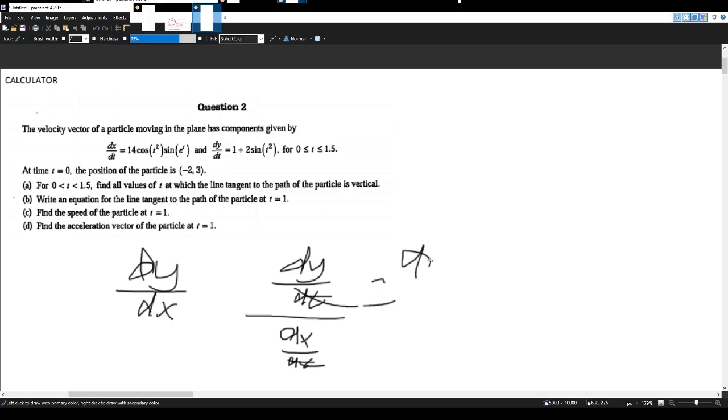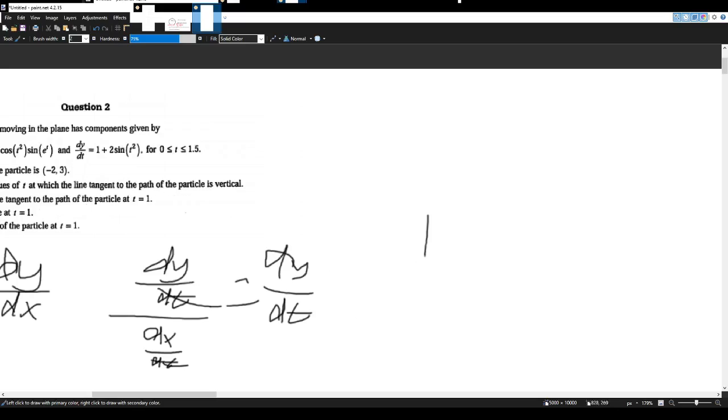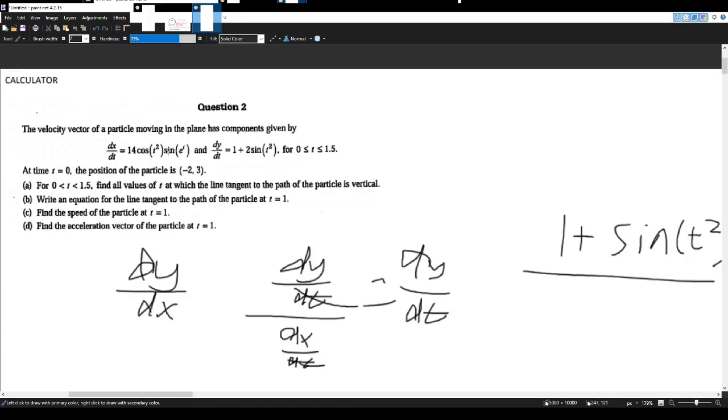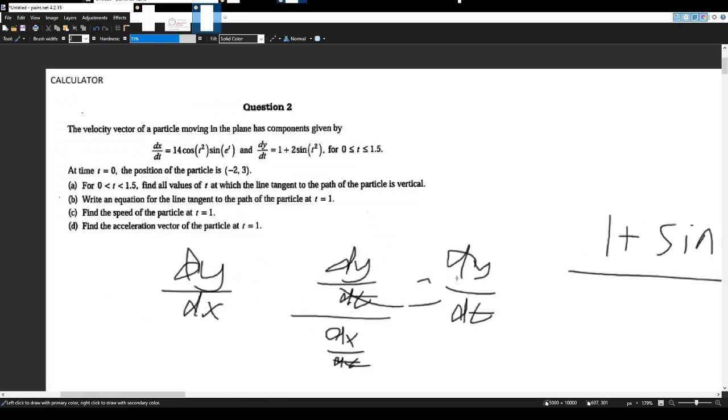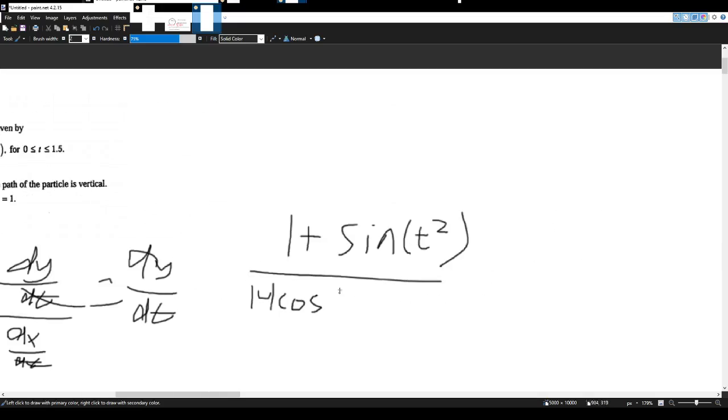So we have 1 plus sine t squared, divided by 14 cosine t squared times sine e to the t.